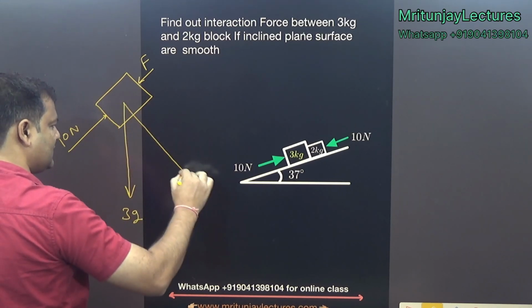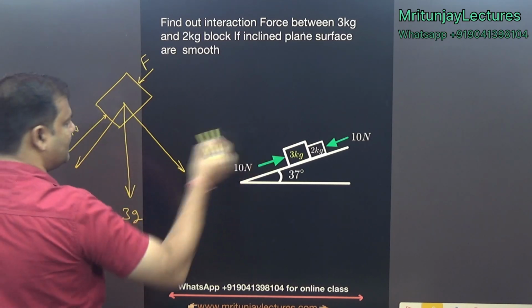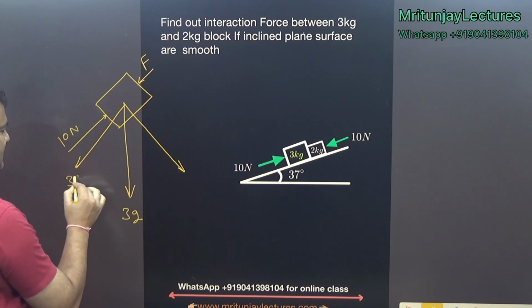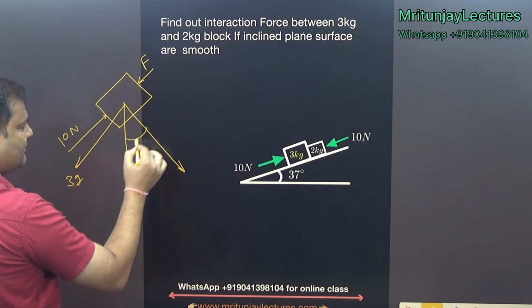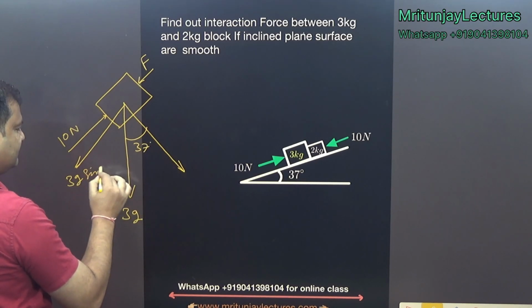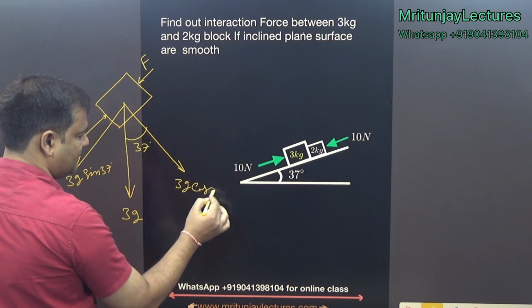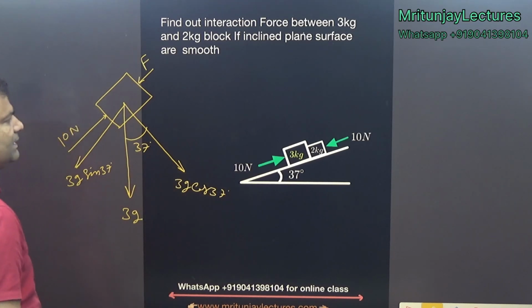The component of 3g along the x-axis, along the inclined plane, is 3g sine 37, and here 3g cos 37 degrees. I hope it is clear.